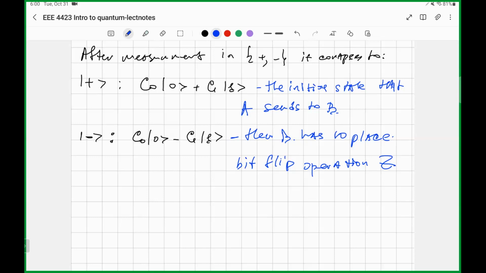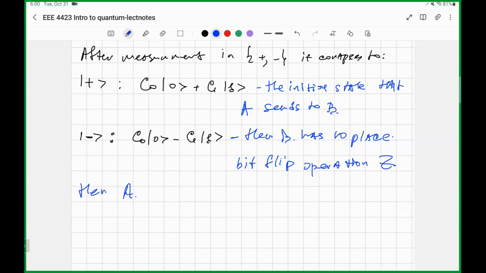But of course, Bob doesn't know which operation was applied: either leaving the qubit state unchanged or applying this Z control gate. So Alice has to send the information to Bob through the classical channel.